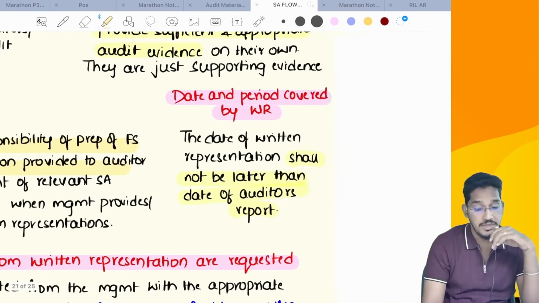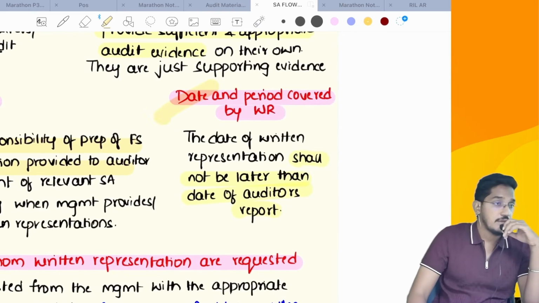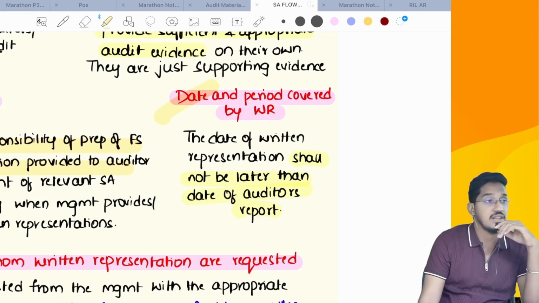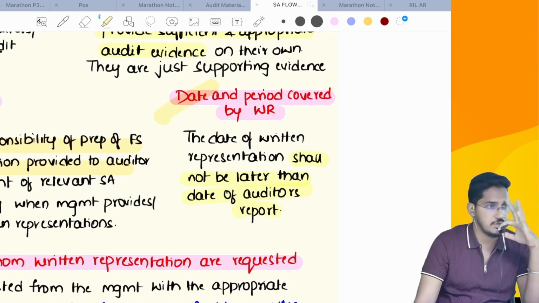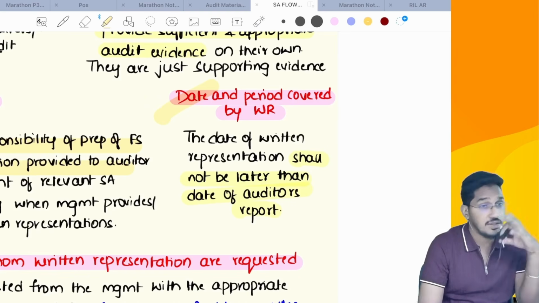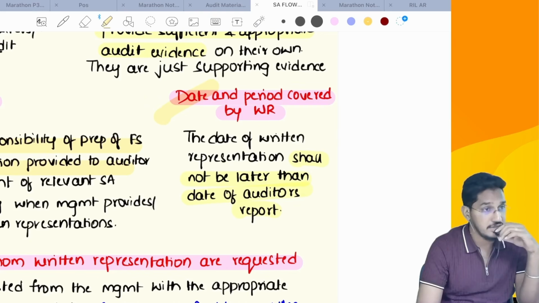Next, what should be the date and period covered by written representation? The date of written representation should be on or before the date of audit evidence. It can never be later than the date, sorry, on or before the date of the auditor's report. I said audit evidence, no, sorry. So the date of written representation should be on or before the date of the auditor's report, but in any case it should not be later.